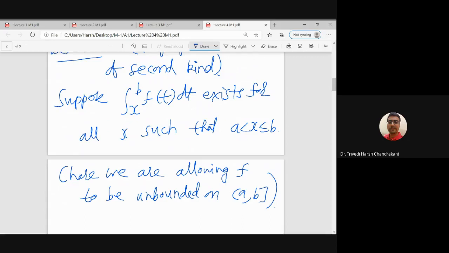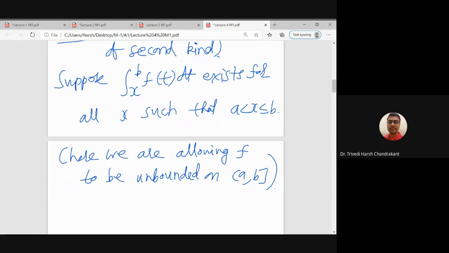So we'll see examples, but first of all, what is the definition of the integral in this case?